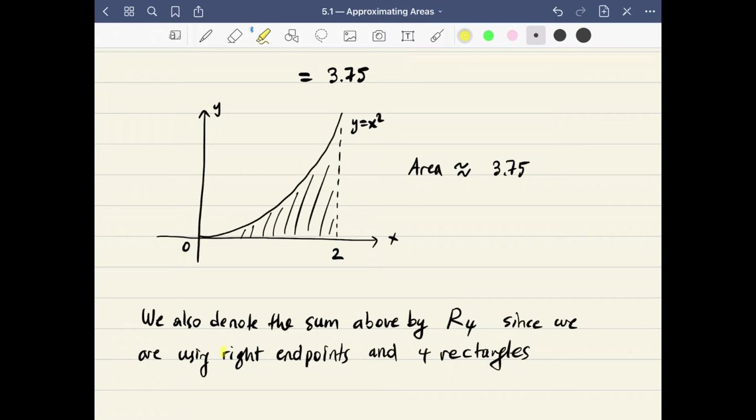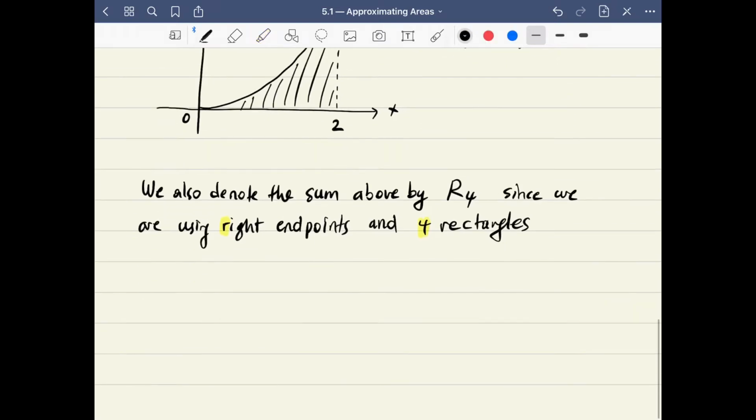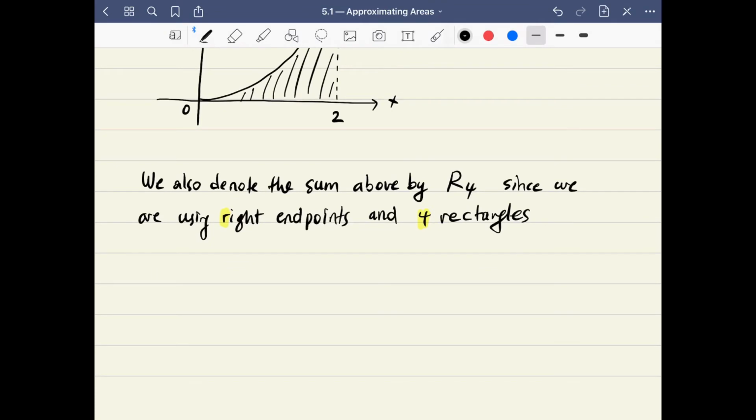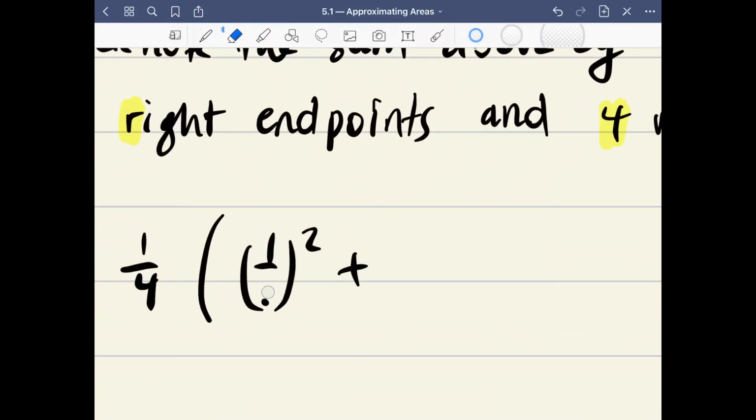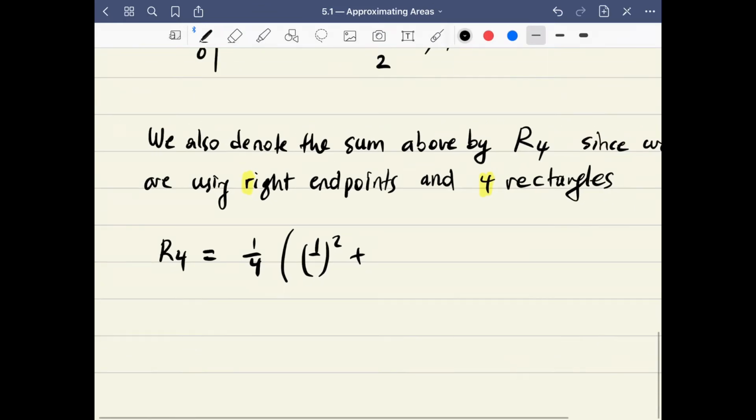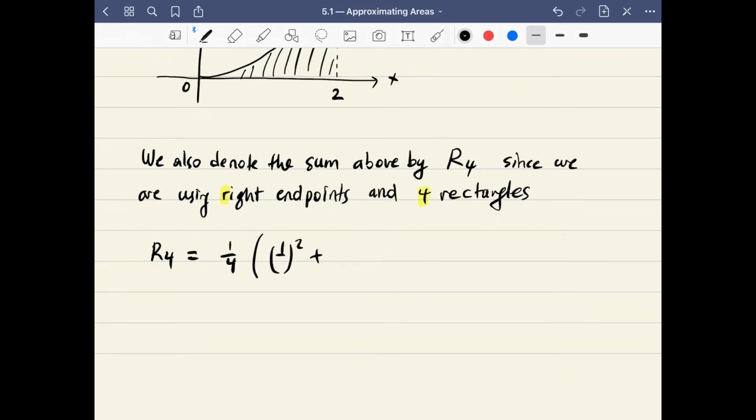So you have this right here, and then this 4 here, and then you get R4. So this means that R sub 4 is equal to 1 over 4 times, sorry, 1 over 4 squared plus 1 over 2 squared plus 3 over 4 squared plus 1 squared.